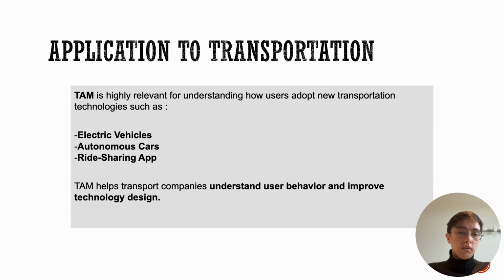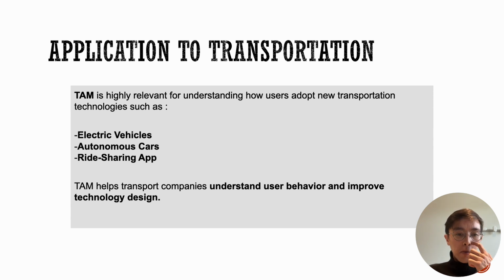So let's take the electric vehicle. The adoption depends on how useful and easy users perceive electric vehicles to be, for example the cost savings, the ease of charging, etc. For the autonomous car, users will adopt self-driving cars if they see them as safe and easy to operate.